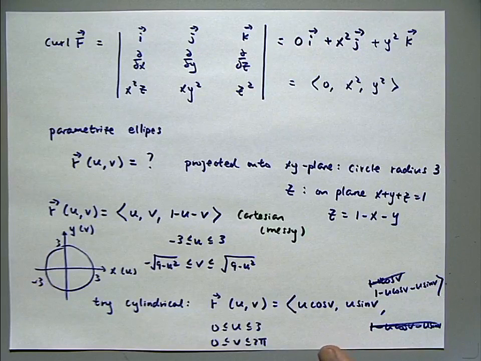In the k component, the x squared, we've got to take the x component of the surface parameterization, u cosine v, that's our x. So is it positive or negative? Positive, sorry. So the x component from the parameterization is u squared cosine squared v, right? And then the y component from the parameterization is u squared sine squared v, so we get this stuff.